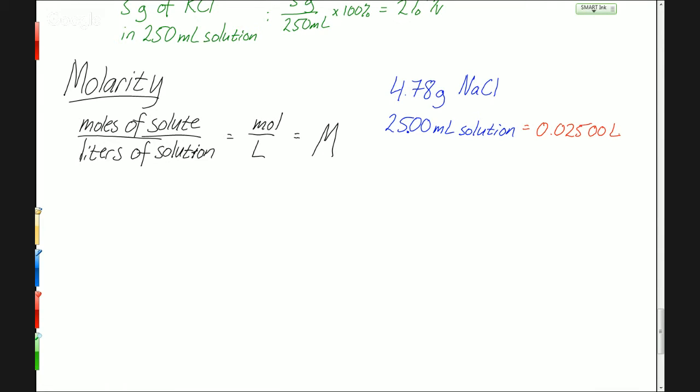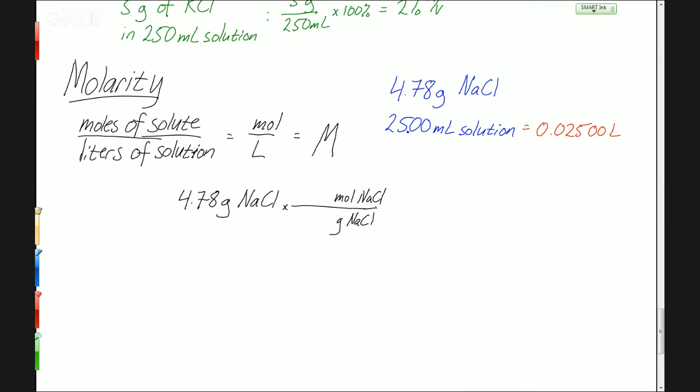But then to convert the grams to moles is a little more complicated. We need to use the molar mass. So we need to take that 4.78 grams of sodium chloride and get a conversion factor that relates grams of sodium chloride to moles of sodium chloride.